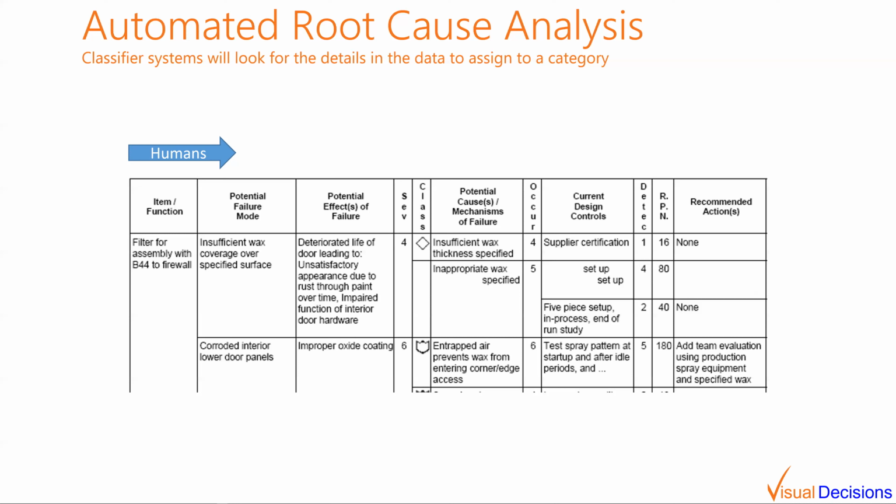What the machines are going to do is take the opposite view of that. They're actually going to start with that detailed information of temperatures and pressures and so forth, and work their way up that chain to get to, what is the failure mode that is occurring.